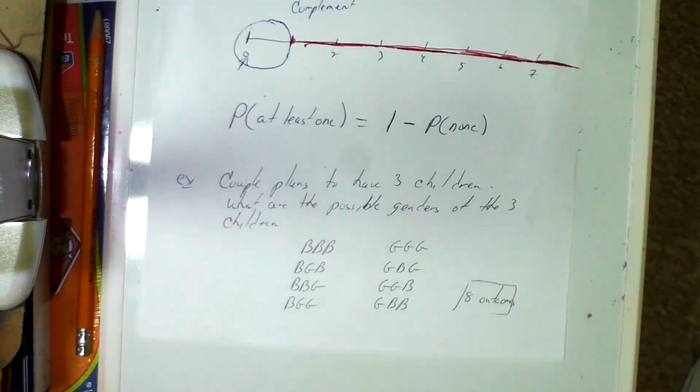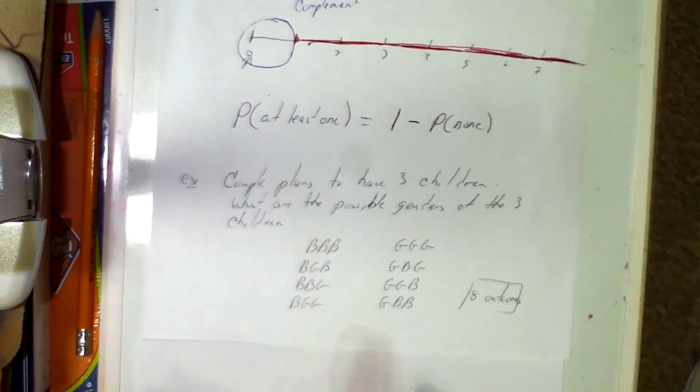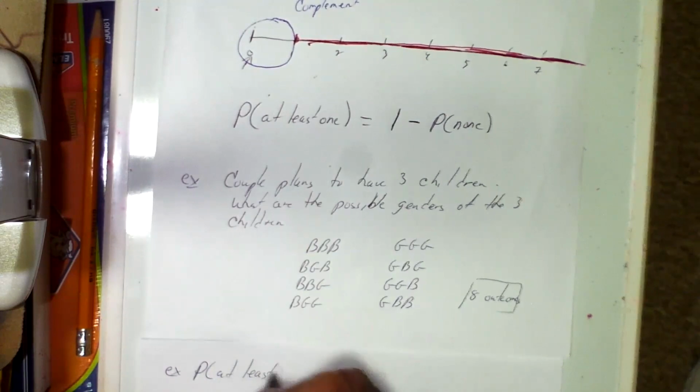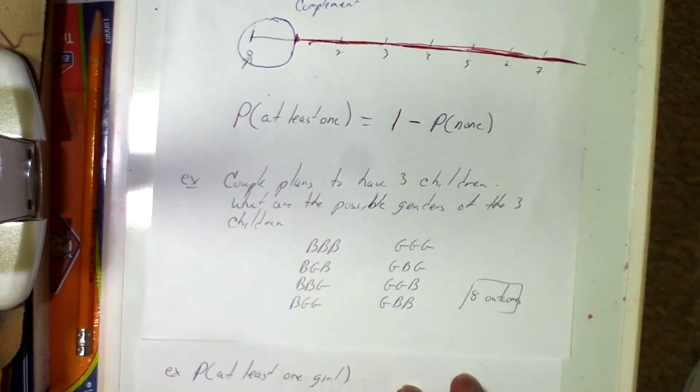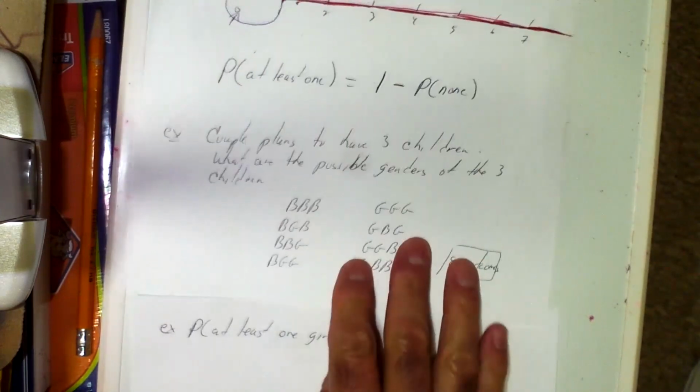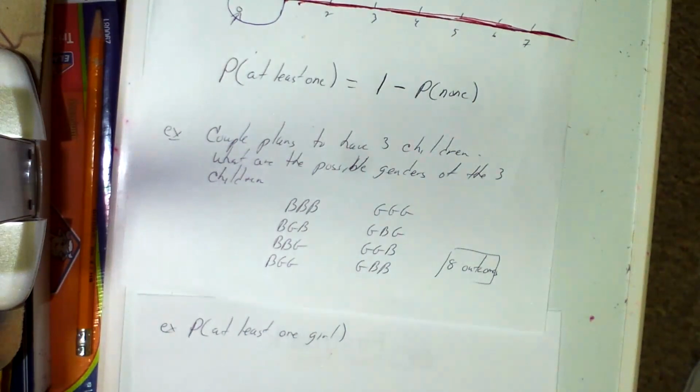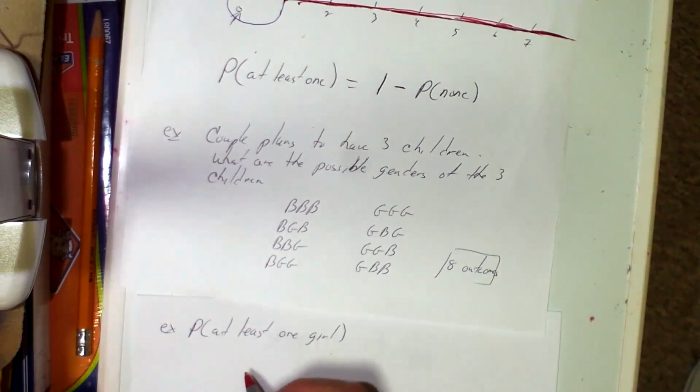And suppose I want to know from our list, what is the probability that the couple has at least one girl? Well, you can see it easily from our list. At least one girl means that they have one girl or more within the 3, right? So let's highlight the ones that have at least one girl or more.